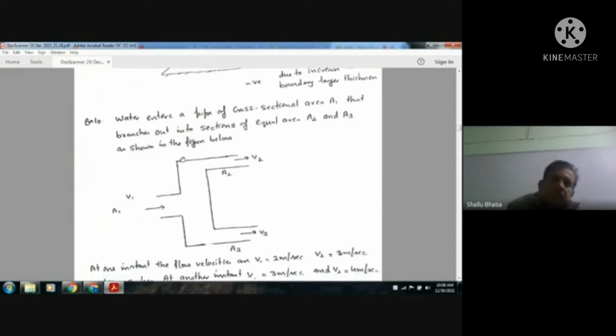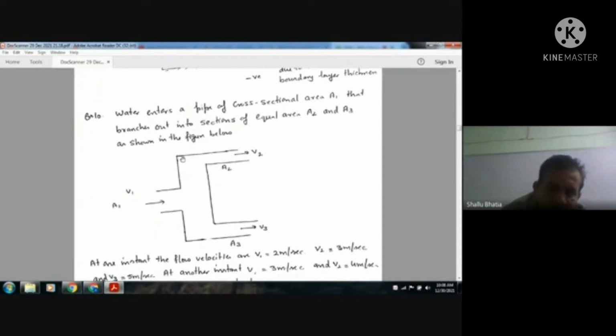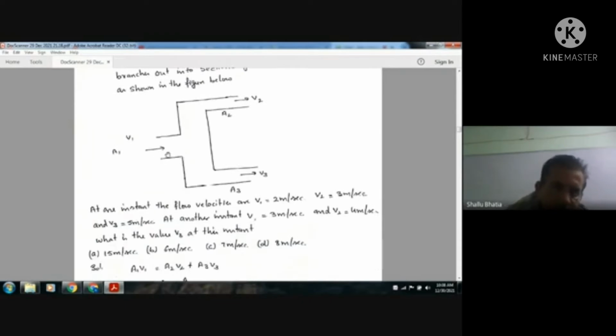Next, water enters a pipe of cross section area A1 that branches out into sections of equal area A2 and A3, as shown in the figure below. So this is the water entering at velocity V1 with area A1 and leaving at velocity V2, area A2, and area A3 and velocity V3.